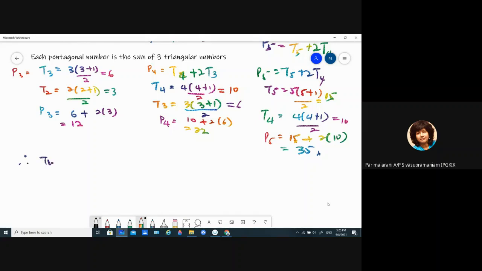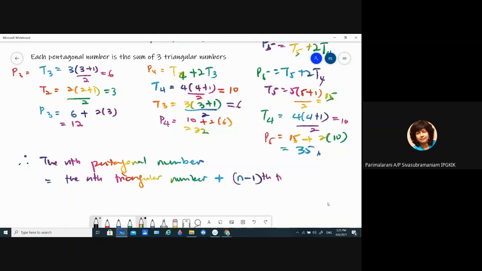Therefore, the nth pentagonal number is equivalent to the nth triangular number plus the n minus 1 triangular number times 2, correct? So what is the nth triangular number?